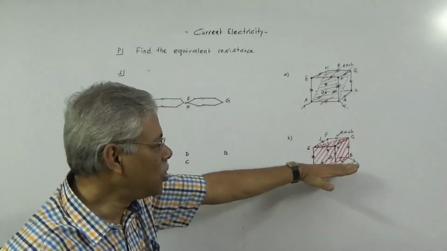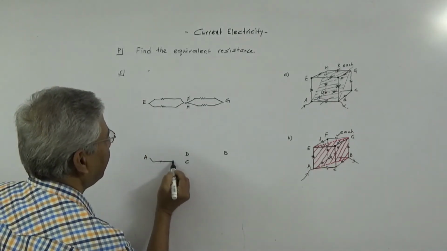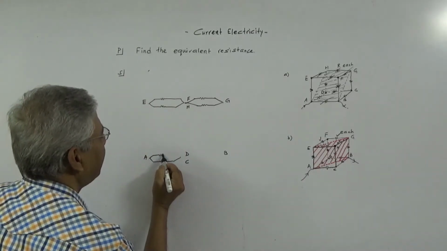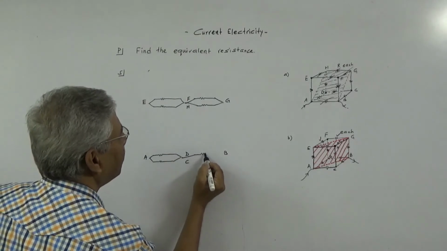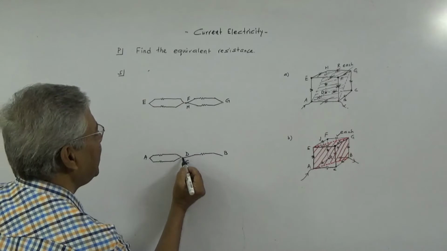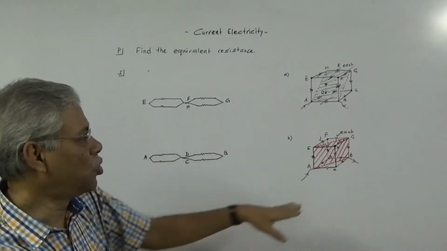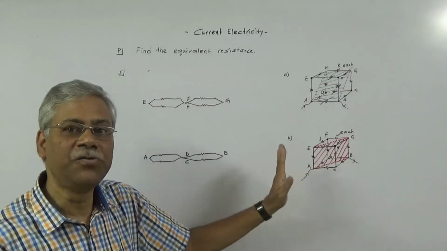Now I will draw the lower surface between A and C, between A and D, between D and B, and between C and B. Okay, so drawing of, or conversion of, the lower surface is finished.